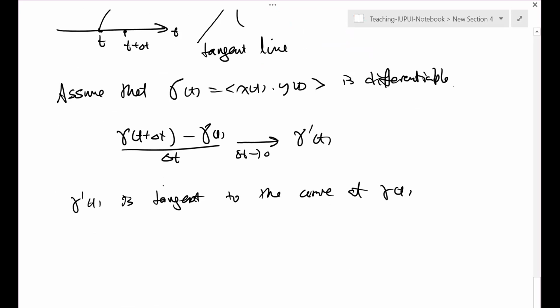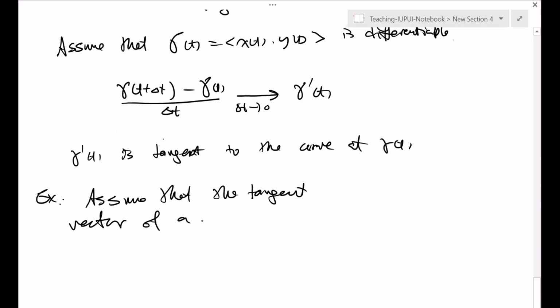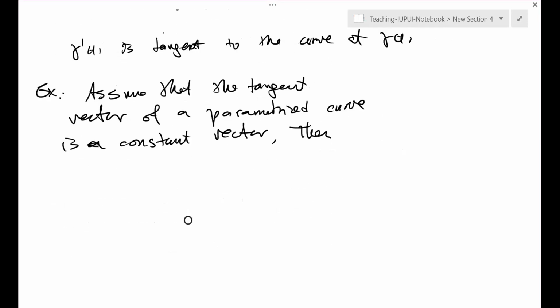Let's take a look at some examples. Assuming that the tangent vector of a parameterized curve is a constant vector, then what do you get?